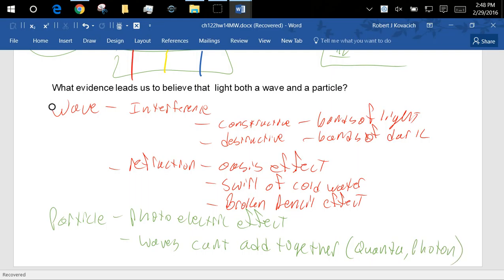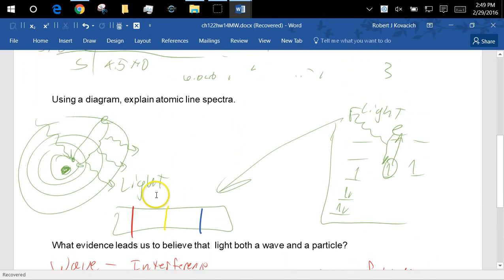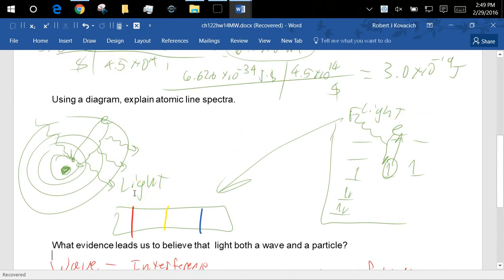So the wave behaves like a quanta or a photon, a little packet of energy that you can't sum together, individual packets of energy. And this is how solar panels work and the like. Also how this atomic line spectra functions.